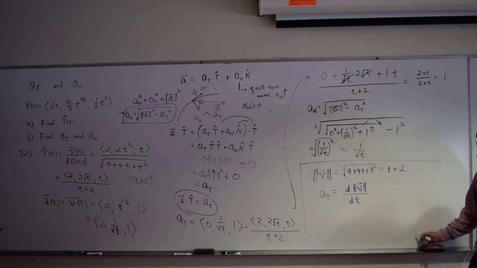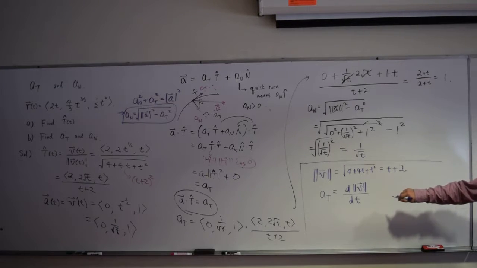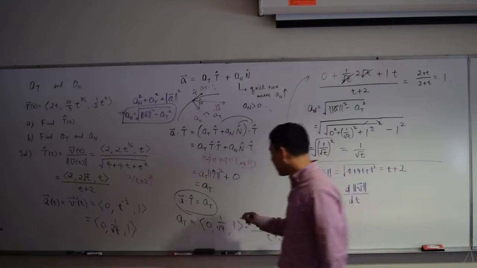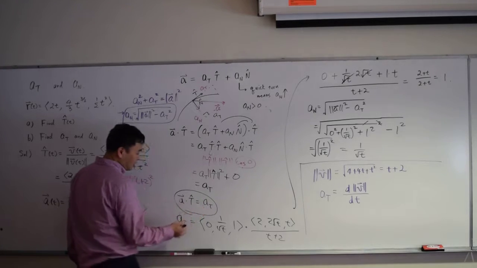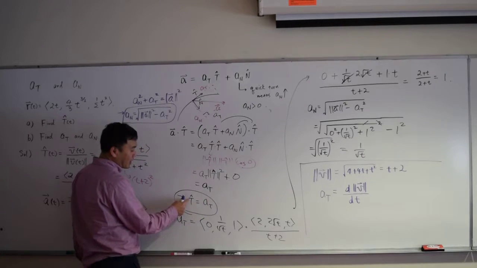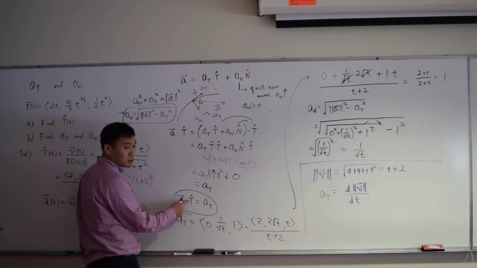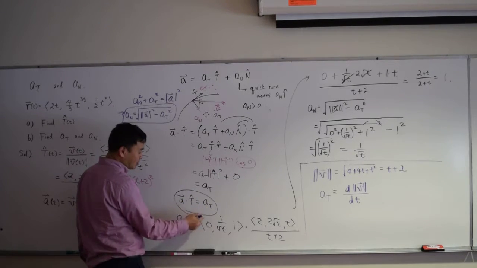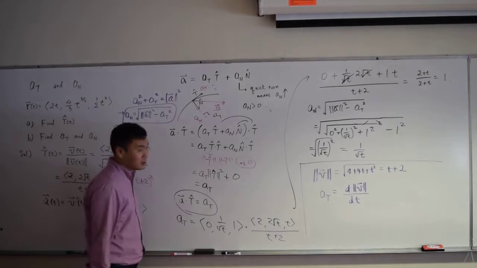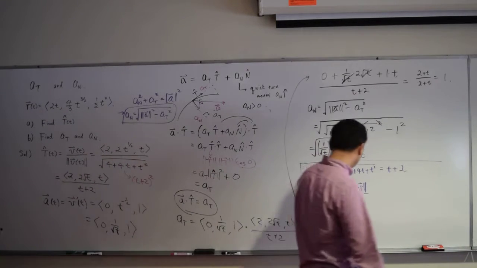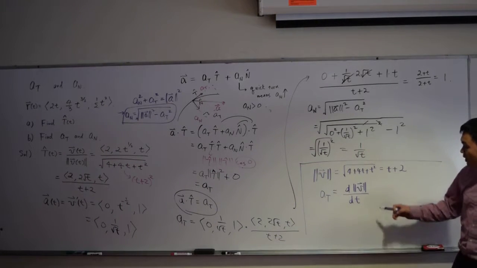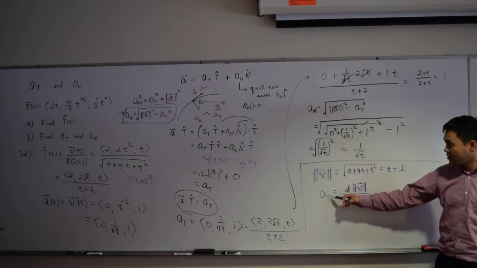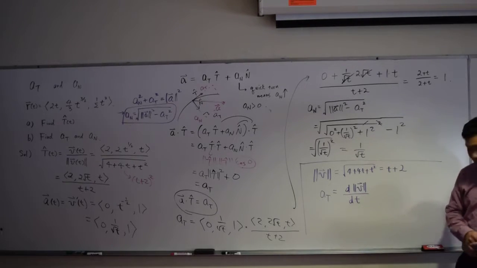So you actually have 2 different formulas for AT. You may find AT if you already have your unit tangent vector with you, then you can find your AT by doing this. Or if you don't have it, then maybe this is quicker.